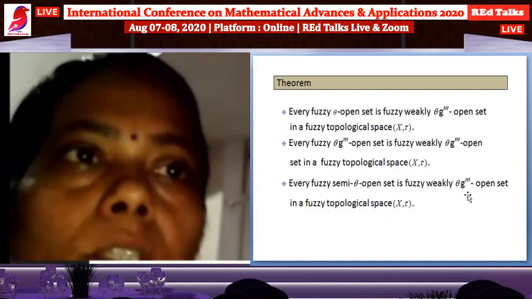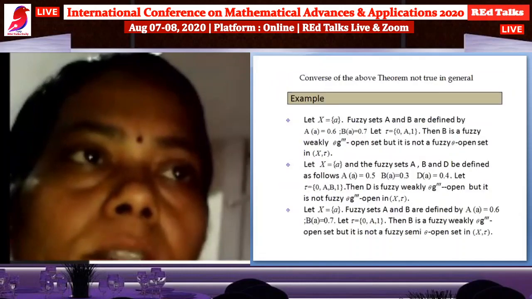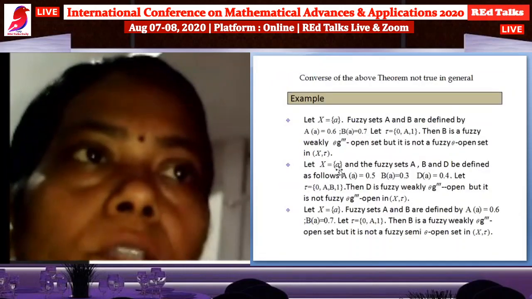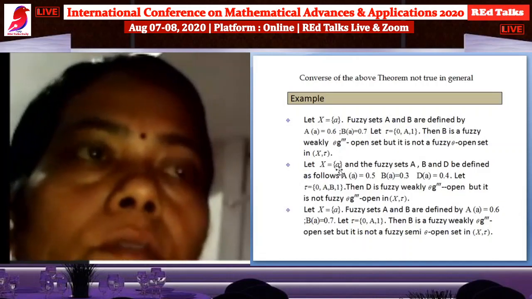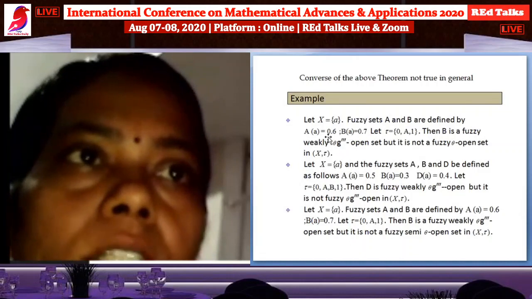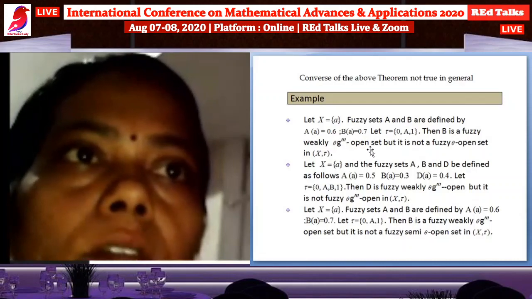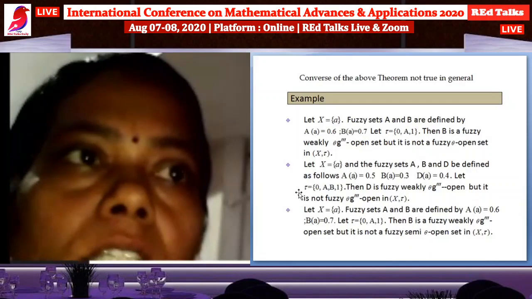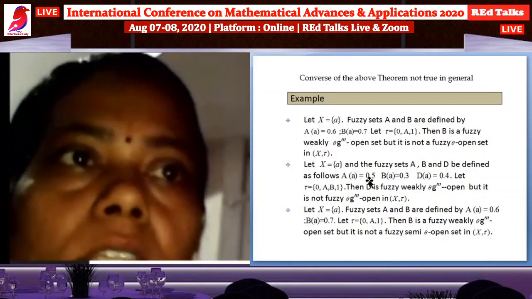And every fuzzy semi theta open set is a fuzzy weakly theta G triple dash open set in a fuzzy topological space. These are all the examples of the above theorems, where the converse need not be true. Let X equal to {a, b} with A of a equal to 0.6, A of b equal to 0.7, tau equal to {0, A, 1}. Then B is a weakly theta G triple dash open set, but it is not a fuzzy theta open set in (X, tau).